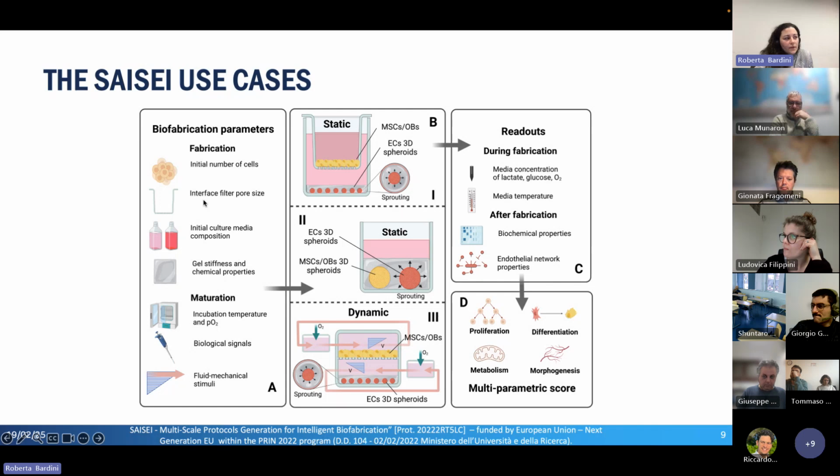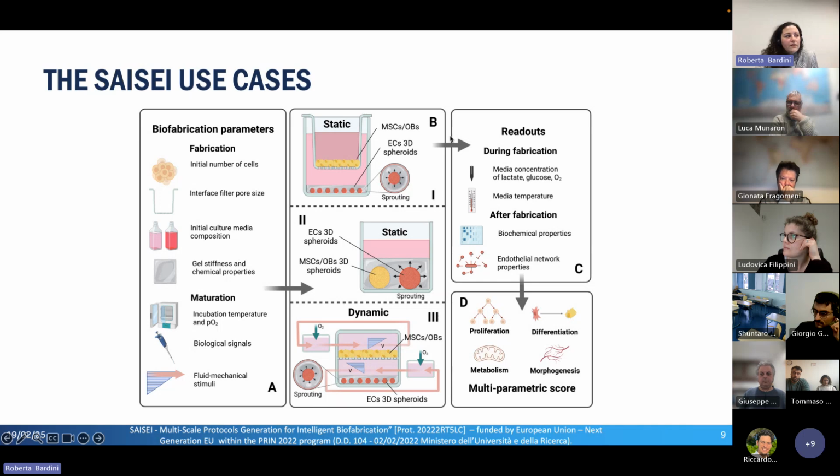For example, the interface filter pore size in the transwells, the composition of the culture media in the two chambers, the stiffness of the gel we might seed the cells into, and has some process parameters that can be regulated dynamically. For example, the partial pressure of oxygen in the culture medium and the shear stress that we impose to the cells.